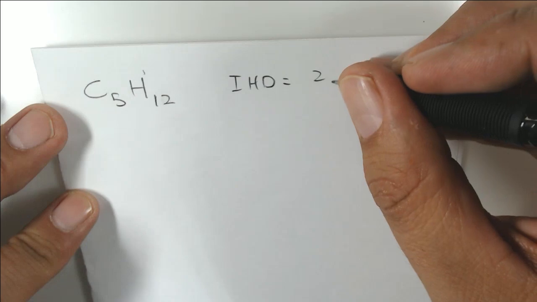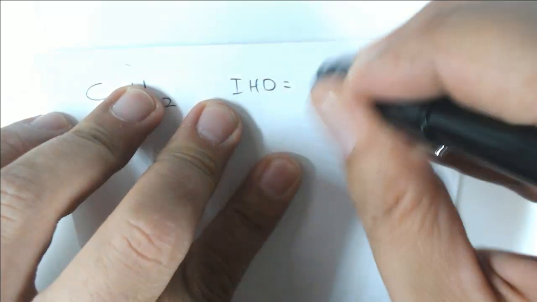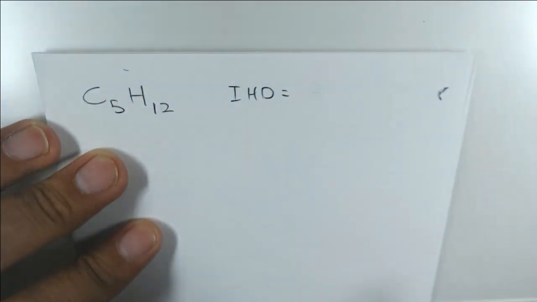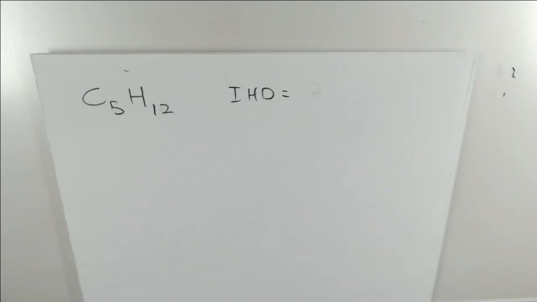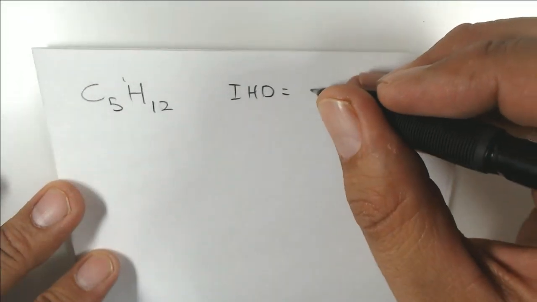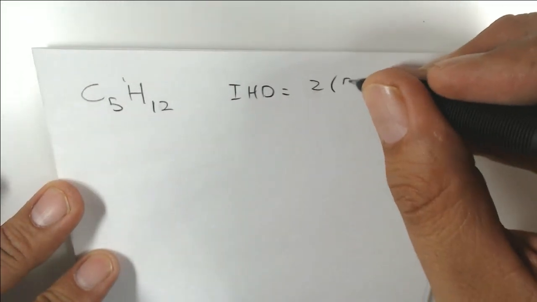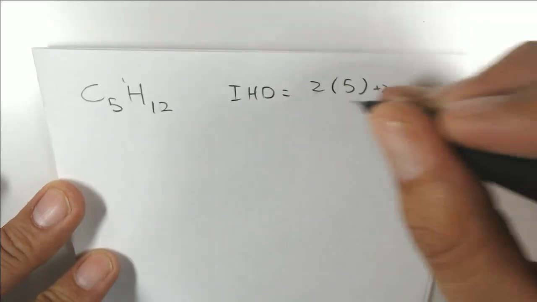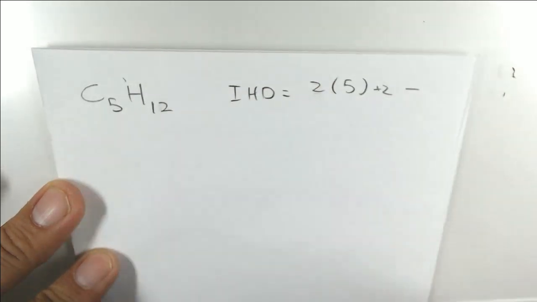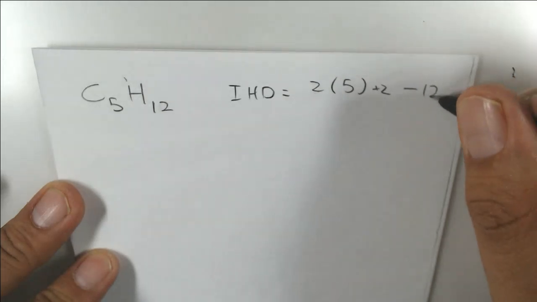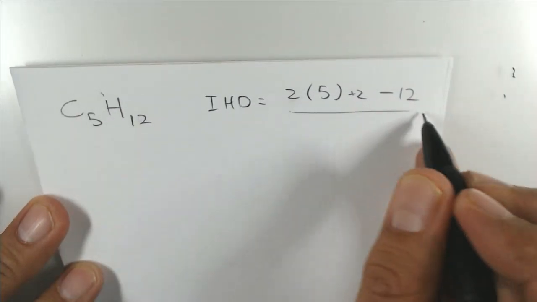So the IHD, if you want to write everything out, is 2 times 5, since it's 2C plus 2. So we have 2 times 5 plus 2, minus hydrogens, and then divided by 2.